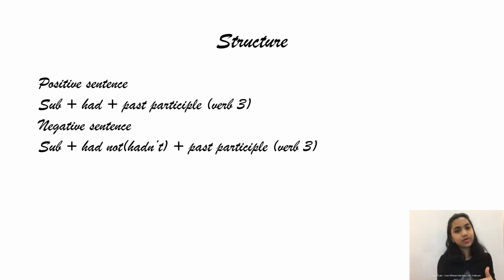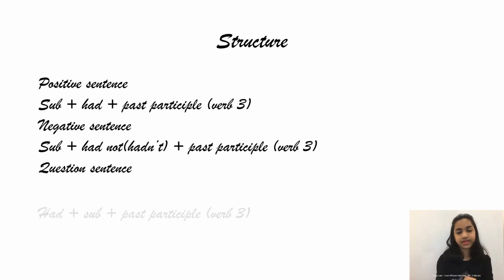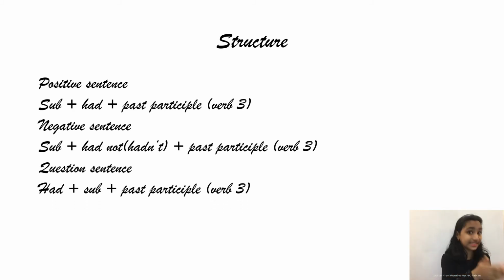Let's move on with the third form. The third form is a question sentence. What is the structure? Had plus subject plus past participle, also known as verb 3, and a question mark.